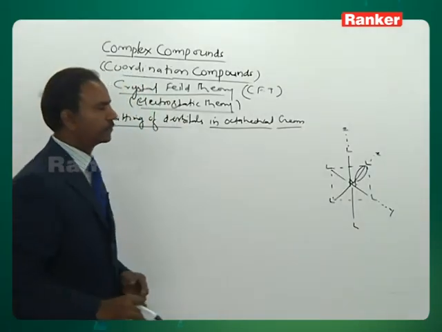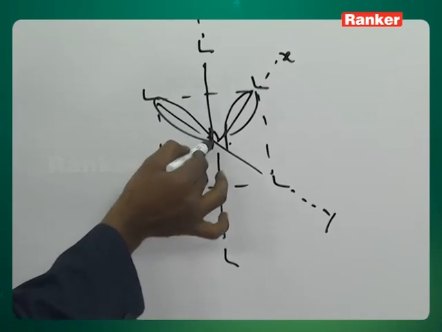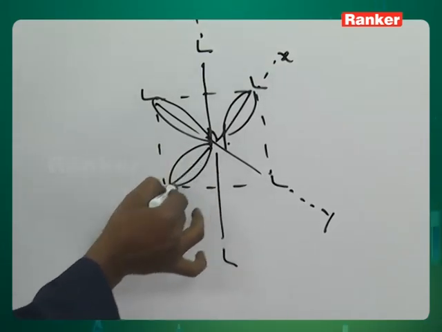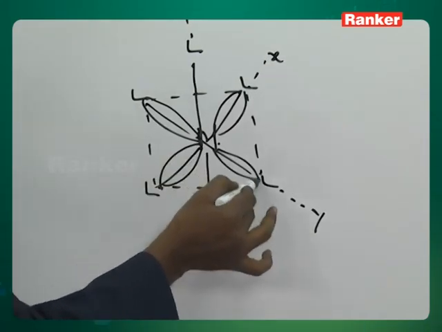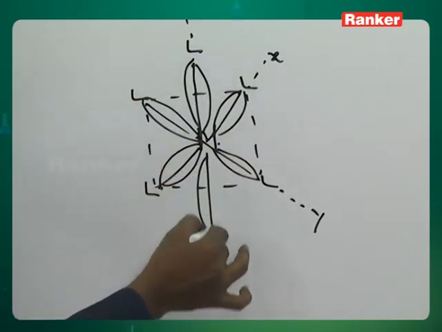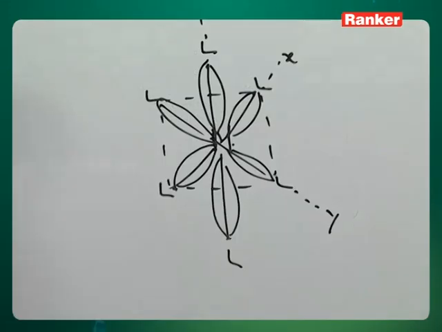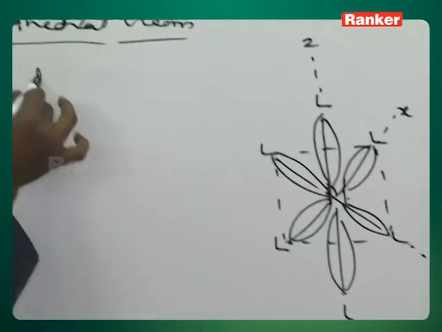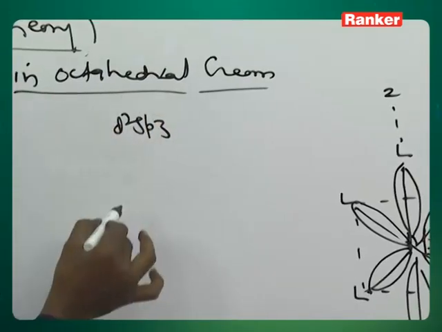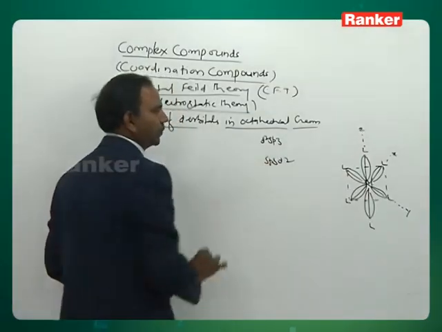The orbitals I am writing on each axis. It is now representing octahedral geometry. Now, in octahedral geometry, the possible hybridization is d2sp3 or sp3d2.